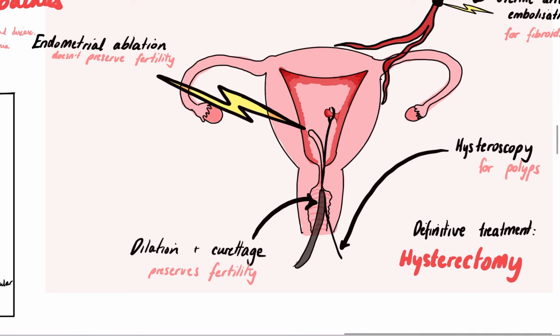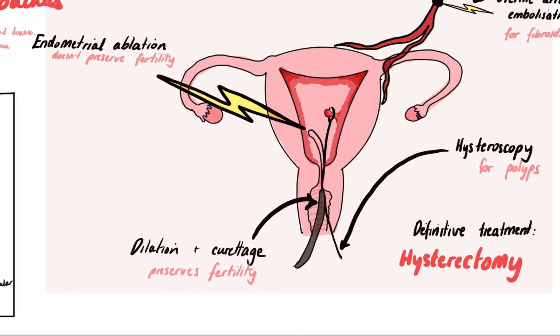Then you can also use endometrial ablation, or destruction of endometrial tissue, and sadly, this does not preserve fertility. And lastly, the definitive treatment, as mentioned before, is the complete removal of a woman's uterus, because no uterus, no uterine bleeding, and this is called a hysterectomy, but of course does not preserve fertility.